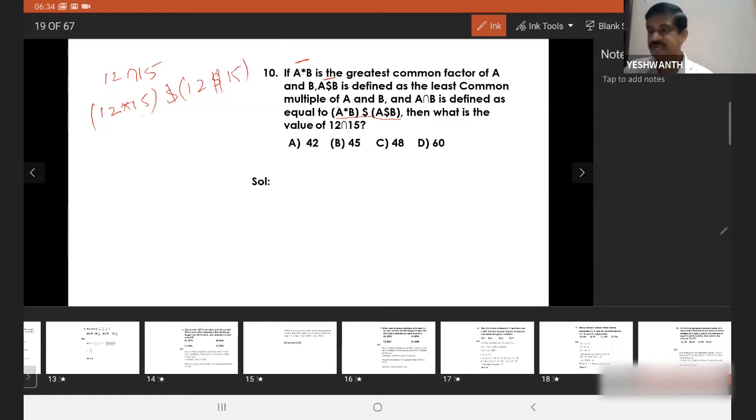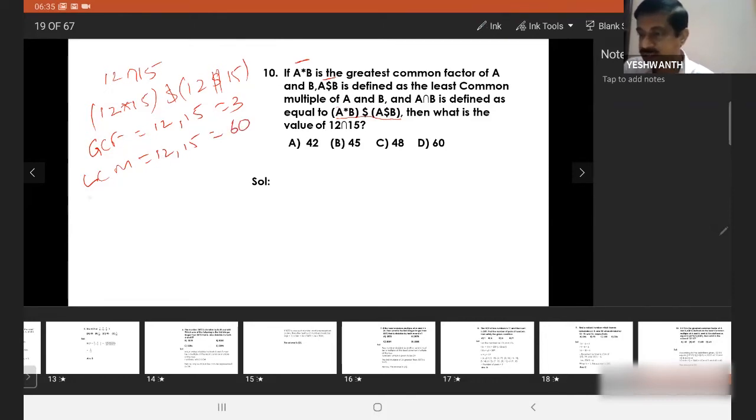So first let us find out the GCF of 12 and 15. So the greatest common factor between these two is 3. Okay. Next, the LCM of 12 and 15 is 3 4 12, 12 5 60.